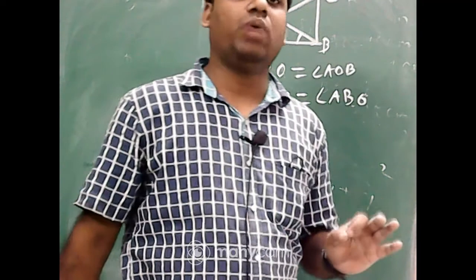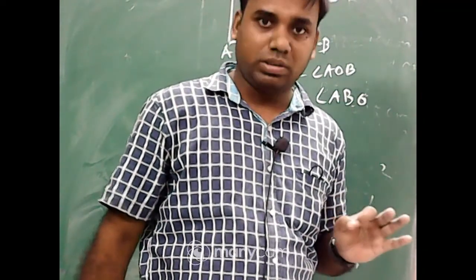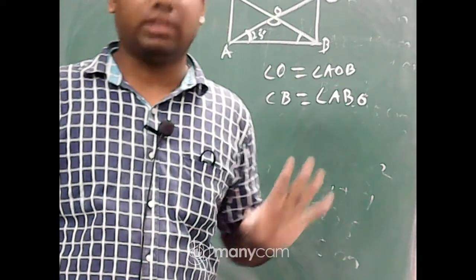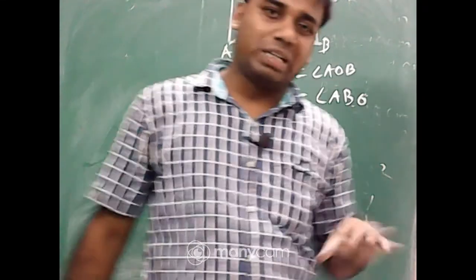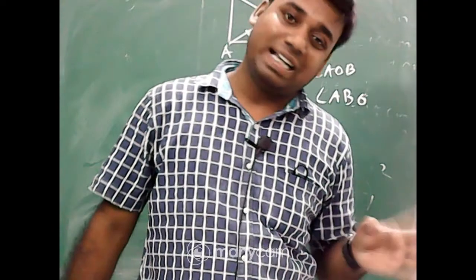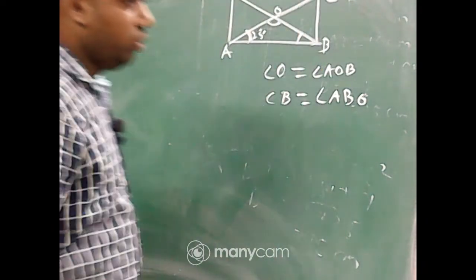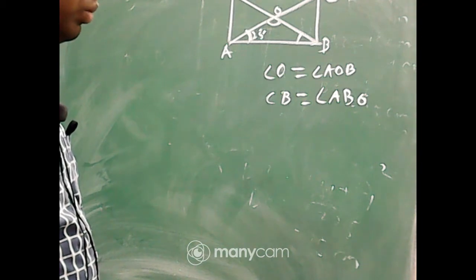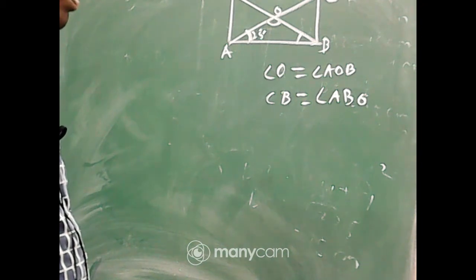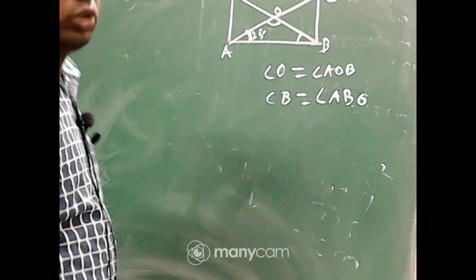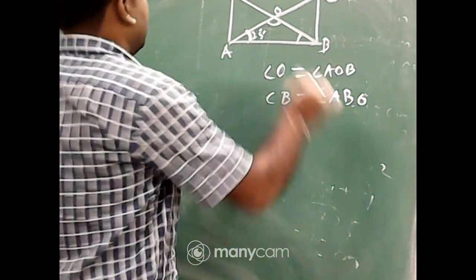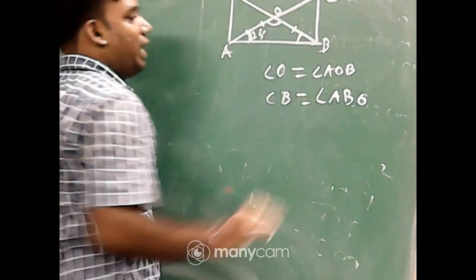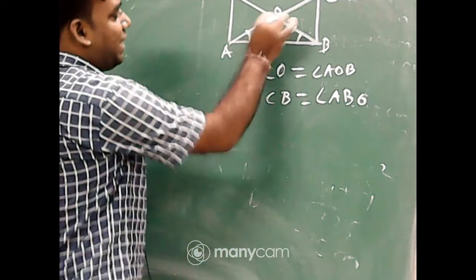Rectangle has equal diagonals, and they are bisecting each other. We know it. The diagonals are bisecting each other as well as they are equal. Yes, I have told you earlier that OA and OB are equal. So it is an isosceles triangle.